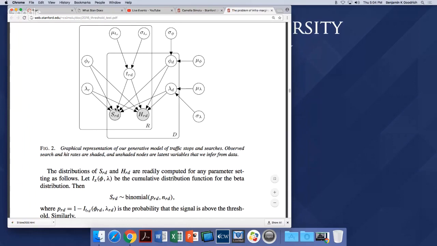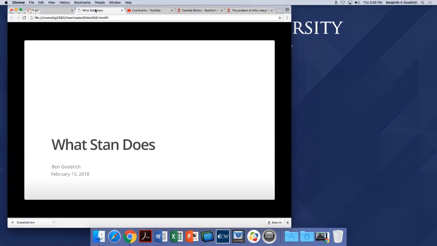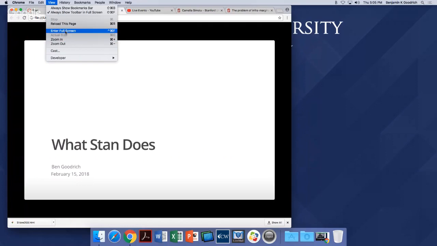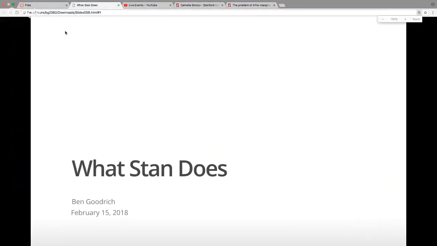But I think it's good to dwell on the first problem, because it was an interesting problem and an interesting paper. And if you read to the end of it, they use Stan to actually do the posterior updating. So we want to talk for the rest of today about what Stan does and how it does what it does.